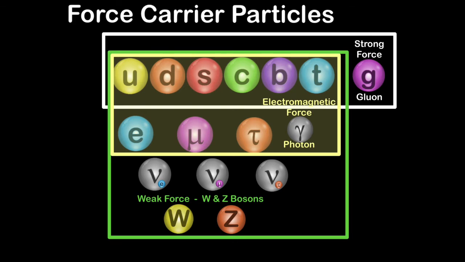So any attraction or repulsion between charged particles is governed by the electromagnetic force and the exchange of photons between the objects. Any strong interaction is governed by the gluon and its exchange. Weak interactions are governed by the W and Z bosons.